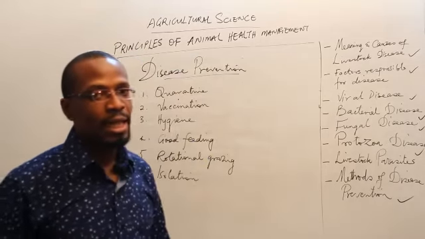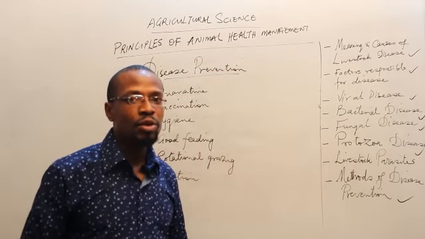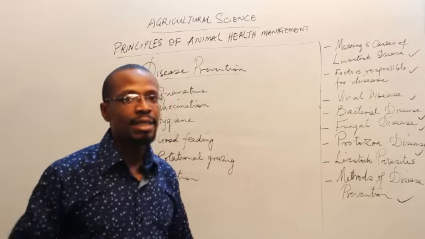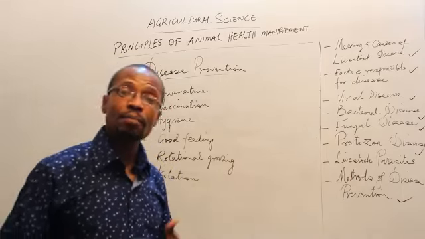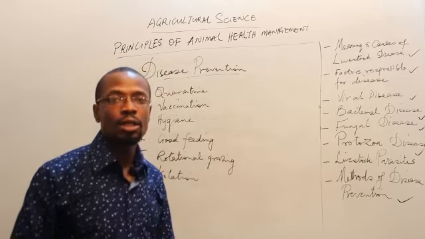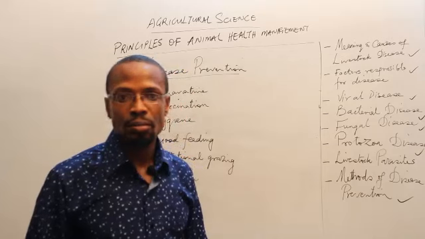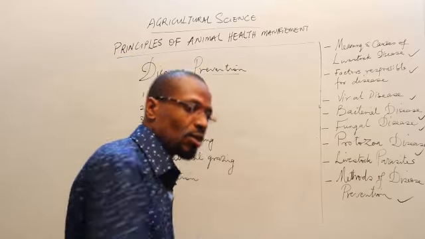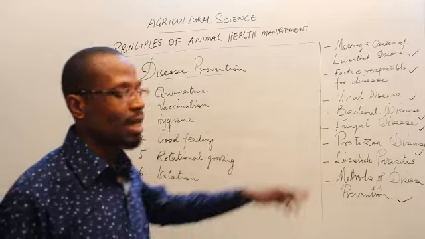Remember, we mentioned that disease is the abnormal functioning, or any condition that brings about an abnormality to the normal functioning of the system, the organs, the tissues, the body of an animal. That is disease. So there is a deviation from the norm, from the normal functioning of these animals. We say the animal is diseased.